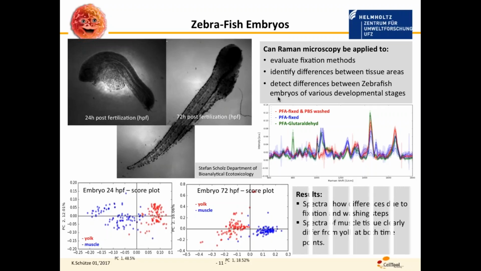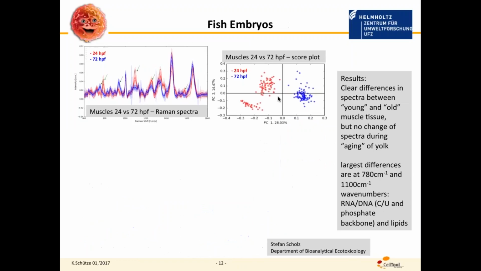And then we looked into the idea, is there any change between the time if we only look into the muscle area, or if we look into yolk. And what we found is between muscles of 24 hours and 72 hours, there is indeed a difference. And if you look into the images, you can see that there's formation or the change in formation of the muscles.